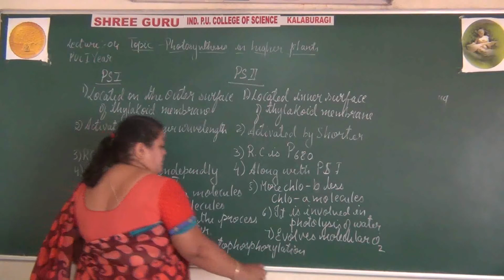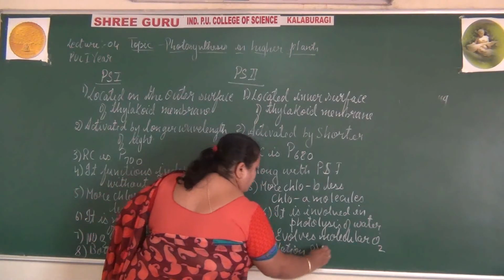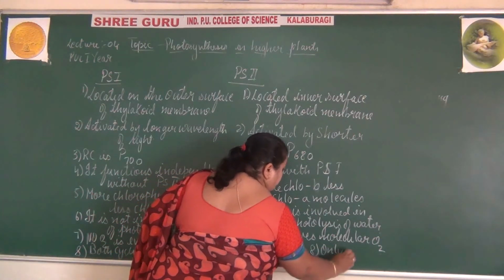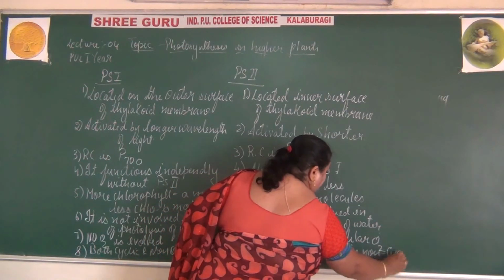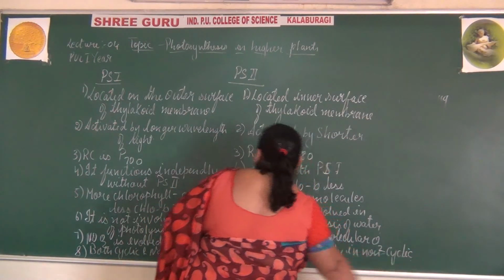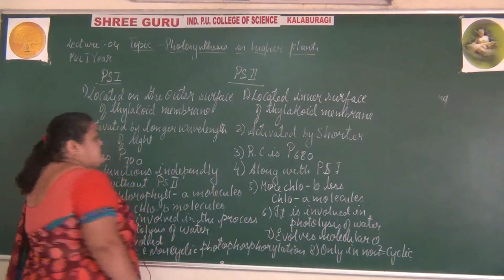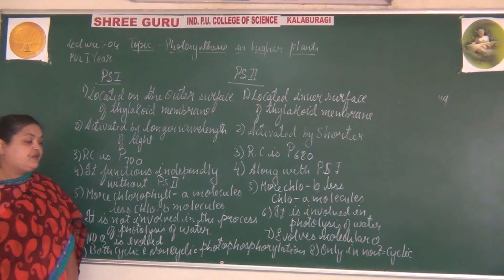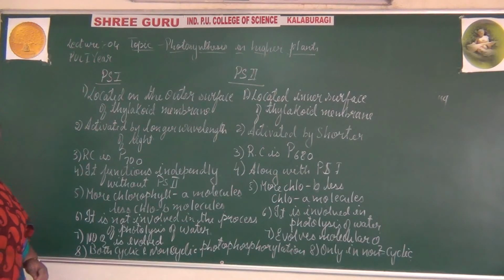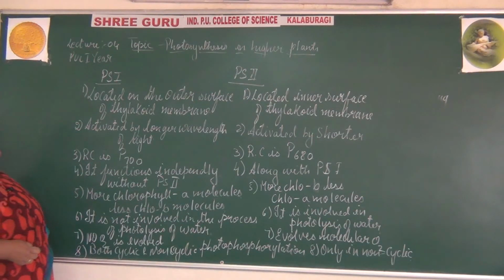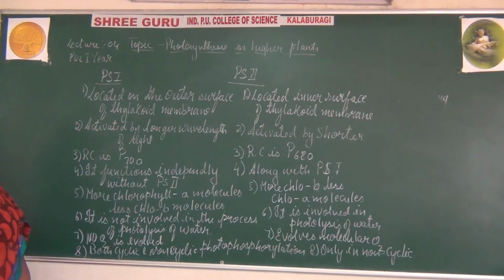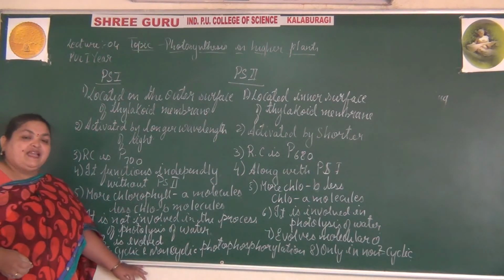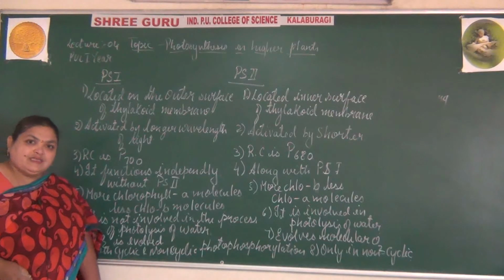and photosystem 2 is involved only in non-cyclic photophosphorylation. The differences are mentioned in the printed notes. There are two reactions in photosynthesis, one is cyclic and the other is non-cyclic.